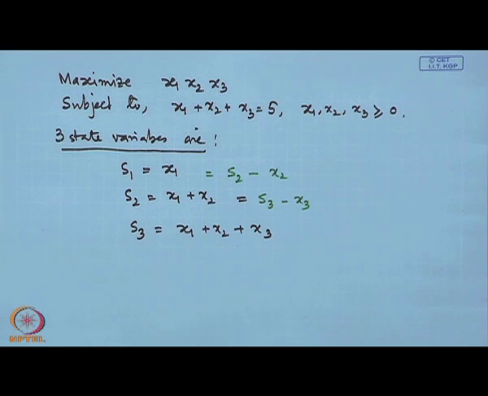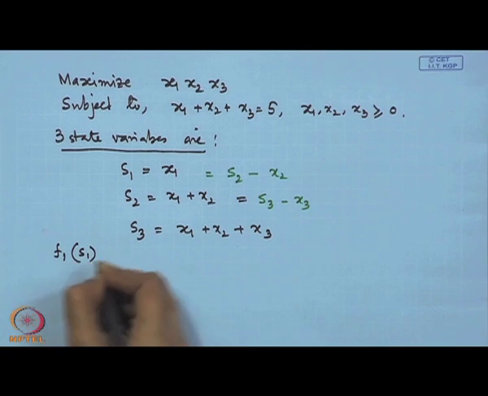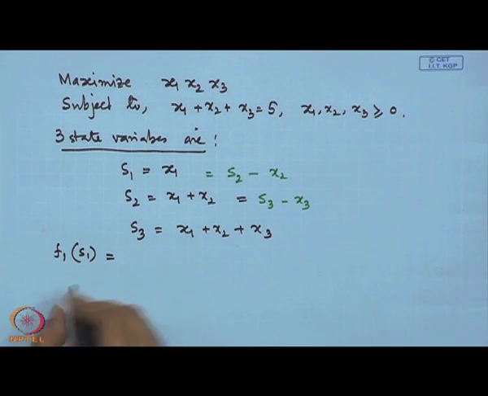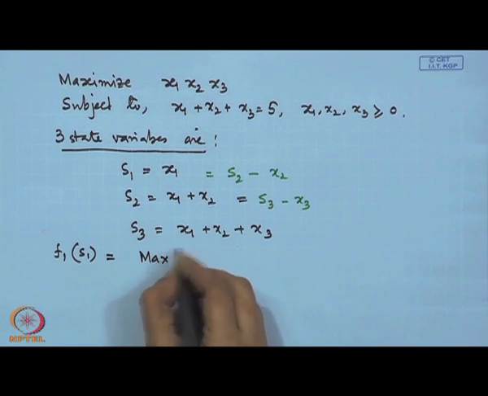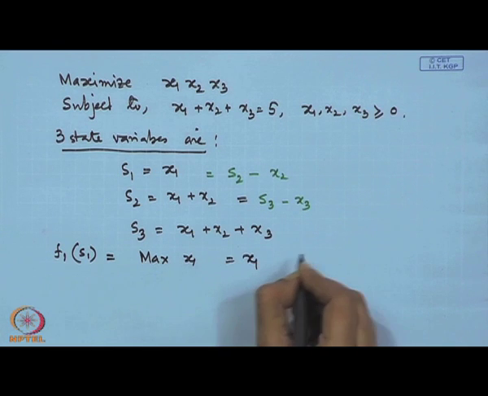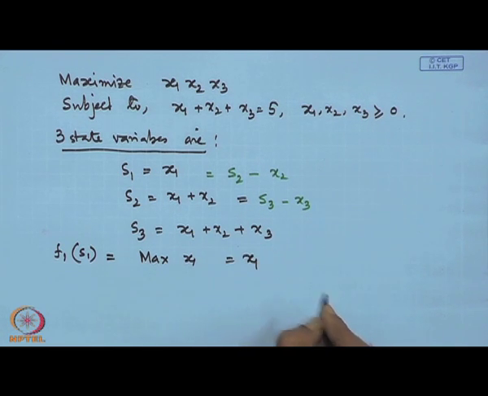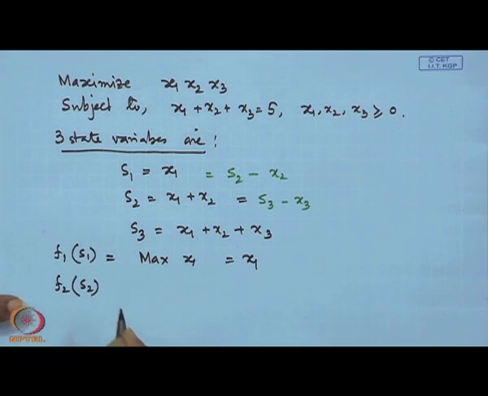Now our first optimization problem, f1 s1, is equal to maximization of x1 only. x1 is positive, that is why we can consider x1, and this is related with this relation. Let us come to the next stage, f2 s2. I should consider capital F, because in the model we have considered capital F.